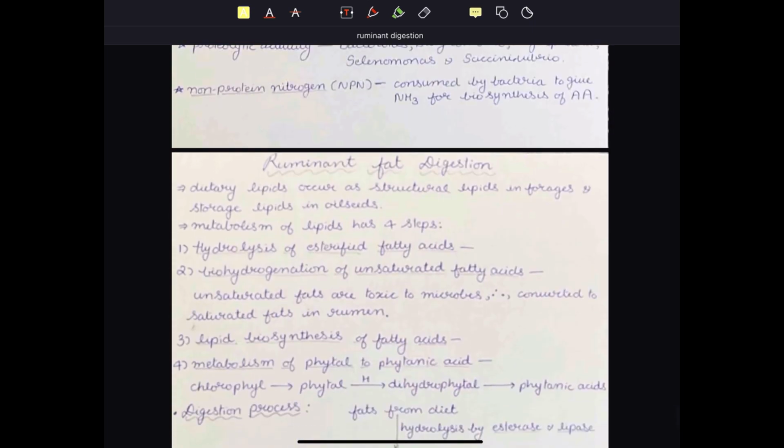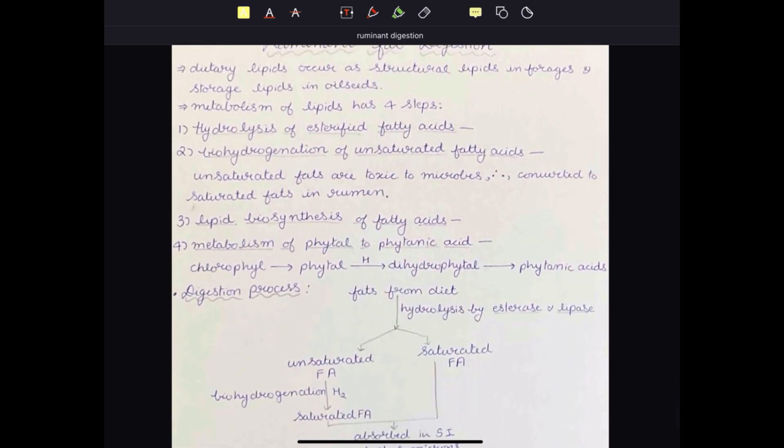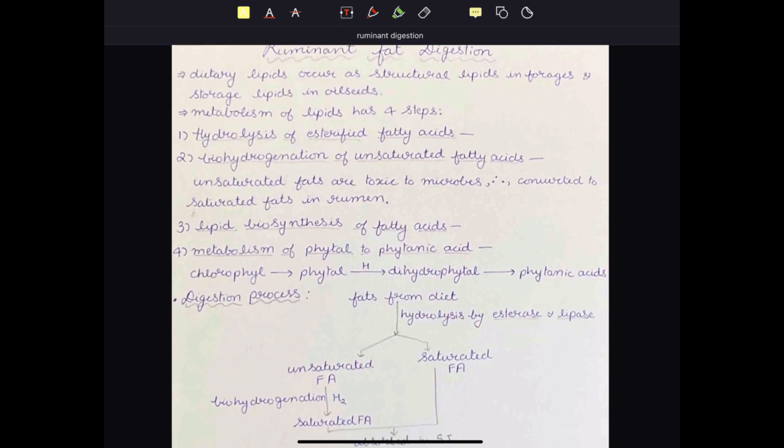Now let us come to ruminant fat digestion. In the case of ruminants, one thing that you have to remember is that unsaturated fats are toxic to microbes present in the rumen. So the fats which are being fed to the ruminant animal will get converted into saturated fats.